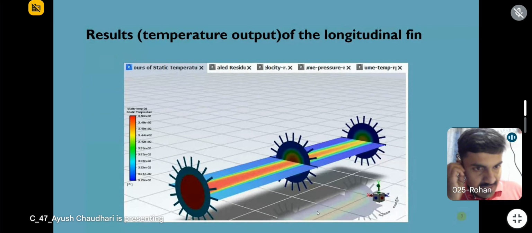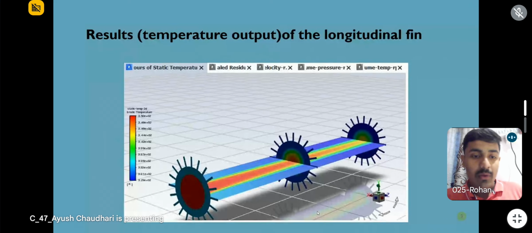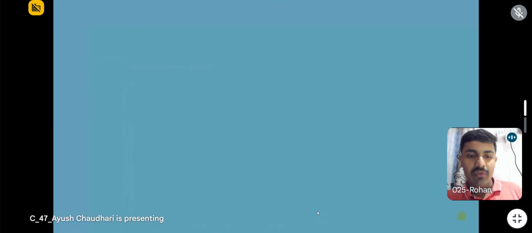So the orange color is describing the high temperature refrigerant, and the light blue and dark blue color is describing the coolest refrigerant passing out through the fin. So yeah, this was the explanation, and we can move further.